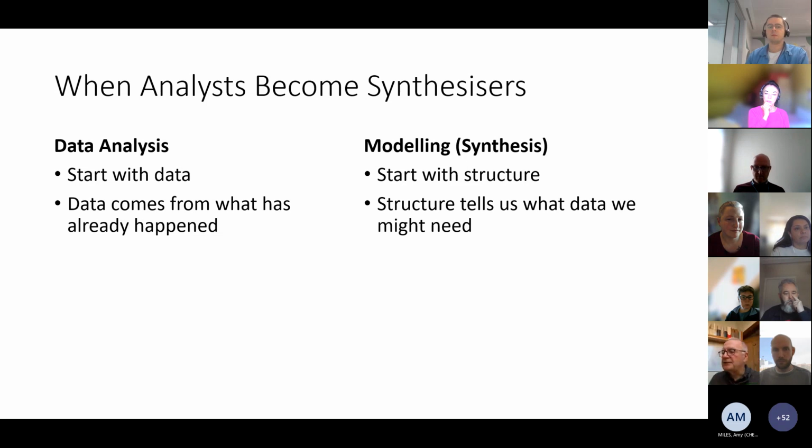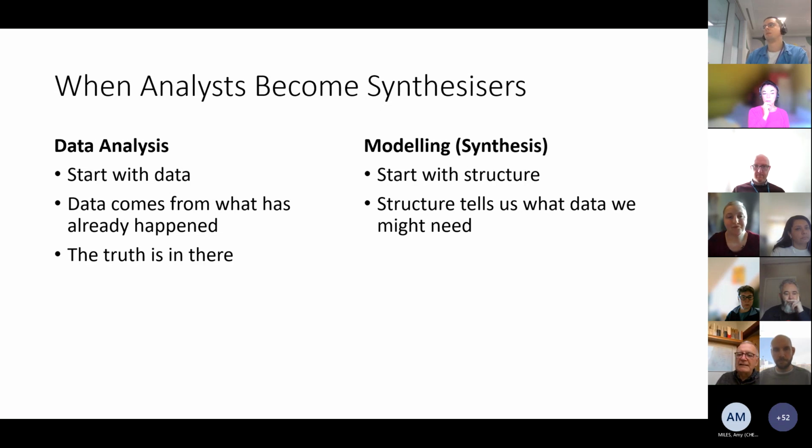Whereas our modeling structures tell us what data we might need, and that might be data that we don't have yet. And so with analysis, to some extent, the truth is in there. You're trying to find out what's in the data and explain that to people. With modeling, perhaps the truth is out there somewhere, and we're trying to assemble something.